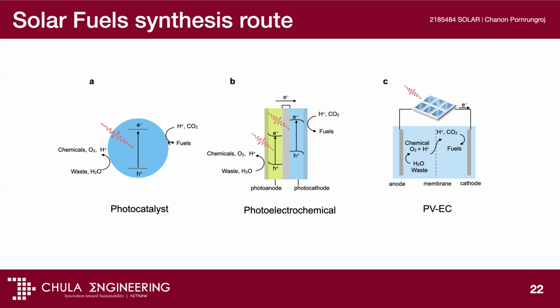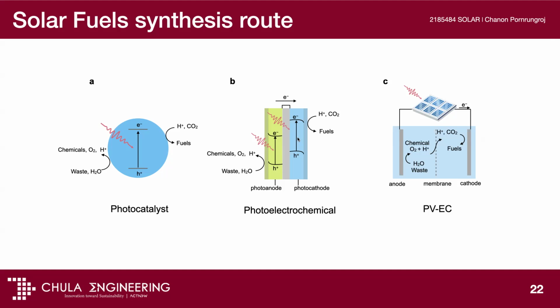But if you make the sandwich style like the second one, you have one side producing the reduction product and the other side producing the oxidation product. So you put the particles into the film, on the conductive glass substrate or conductive substrate. You electronically, ohmically contact the two, they call it photoanode and photocathode, together.